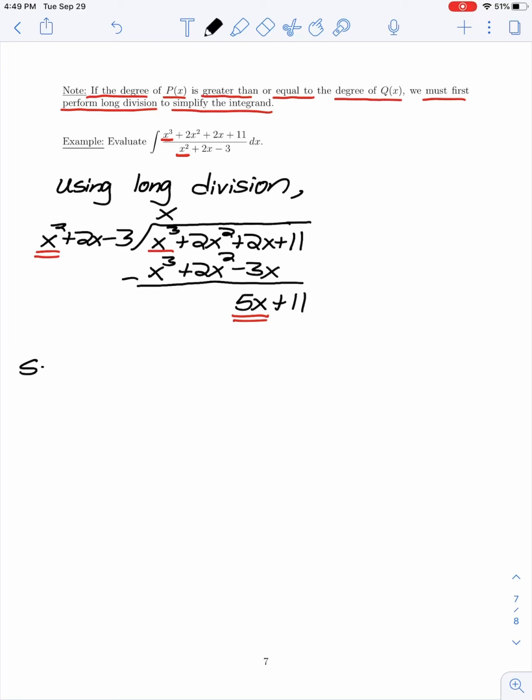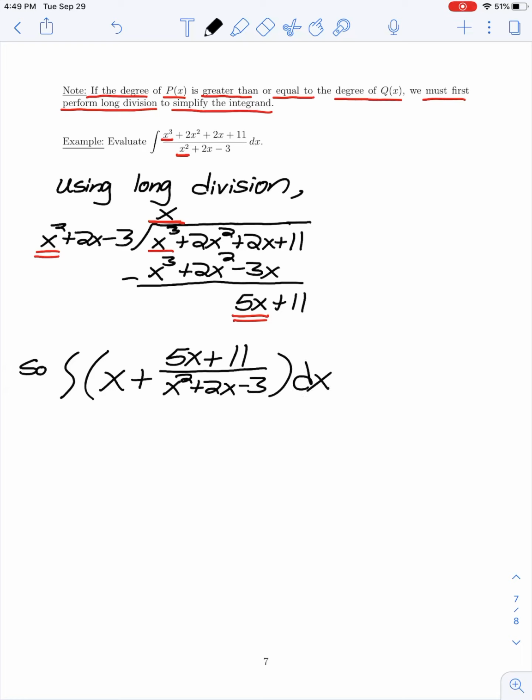So our integral that we started with can now be simplified as this term that we had, x to the first power, and then a remainder of 5x plus 11 over my denominator, x squared plus 2x minus 3, dx.